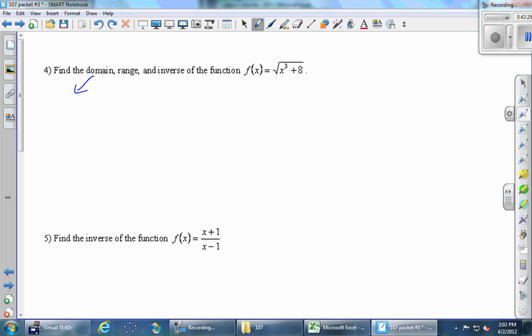So I'm looking for the x's that make sense. Now, what part of that function is kind of scary in terms of having x's that are illegal? There's a square root, and we know we need to make sure that the thing inside the square root is not what? Not negative.